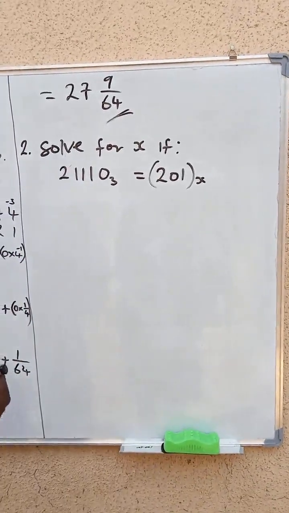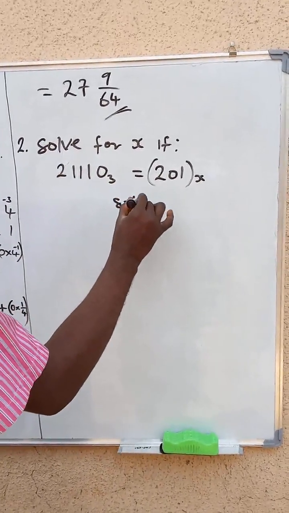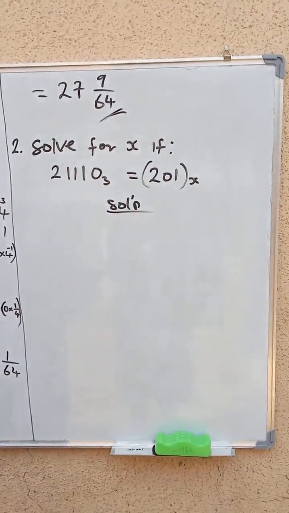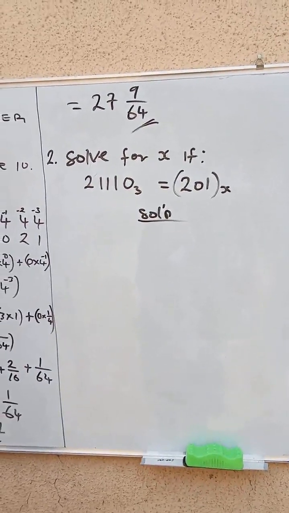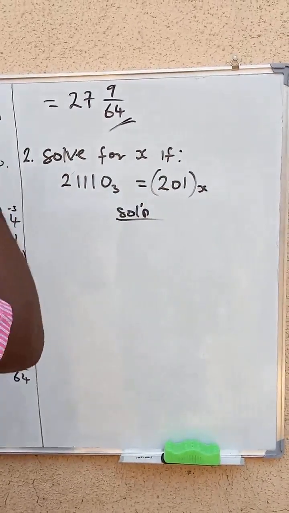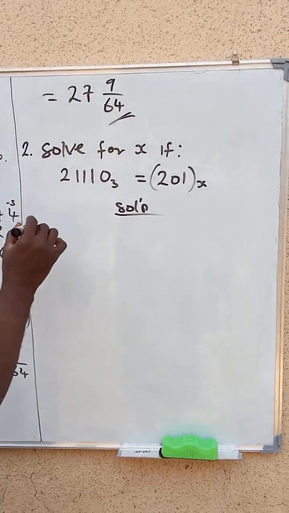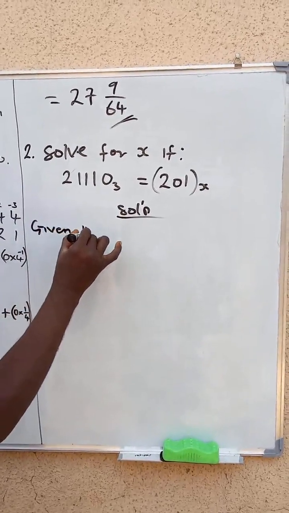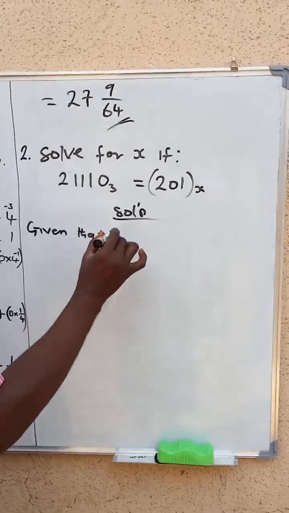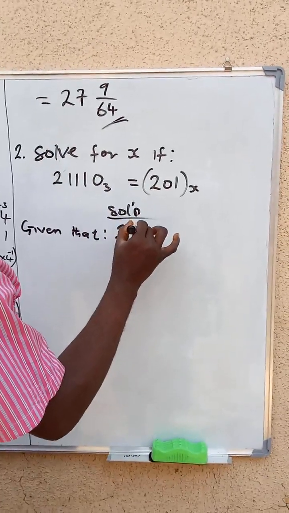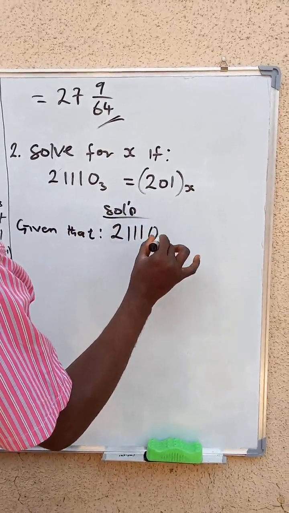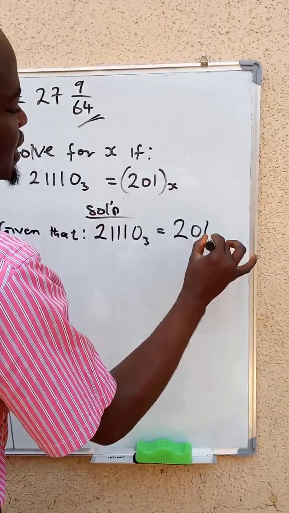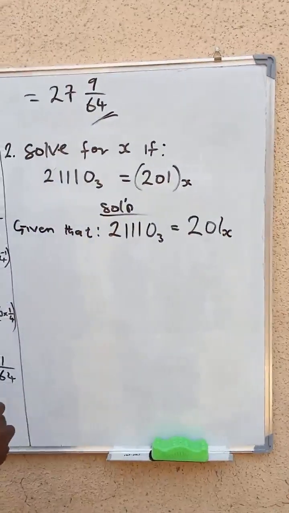Now you have this solution. It's the same pattern, this equation, see the same pattern. So you put, say, solution. Given that 21110 in base 3 is equal to 201 in base x.